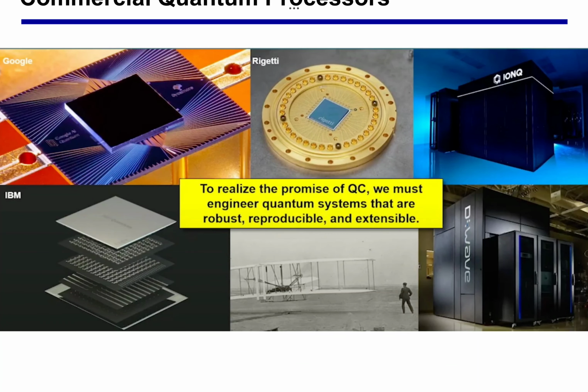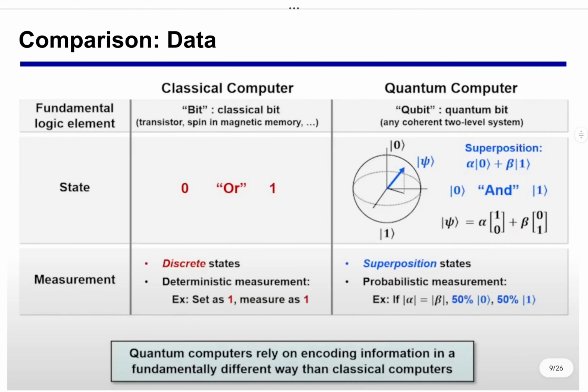To realize the promise of quantum computing, we must engineer a system that is robust, reproducible, and extensible. There is a comparison between classical and quantum: the state, qubit and bit. I think the most different things are the bit and the gate: bit and qubit, classical gate and quantum gate.